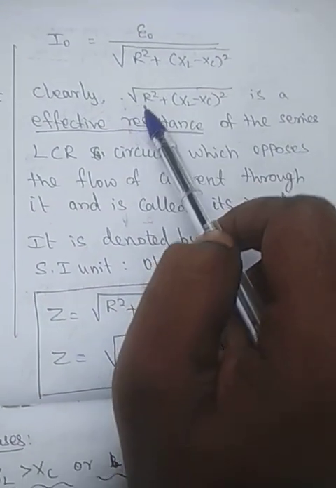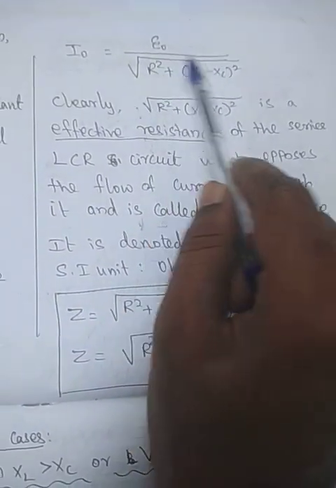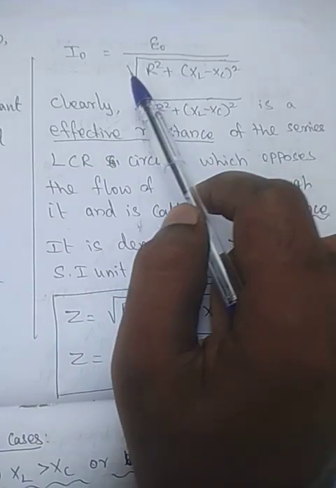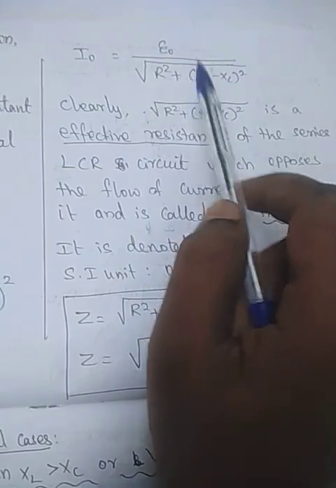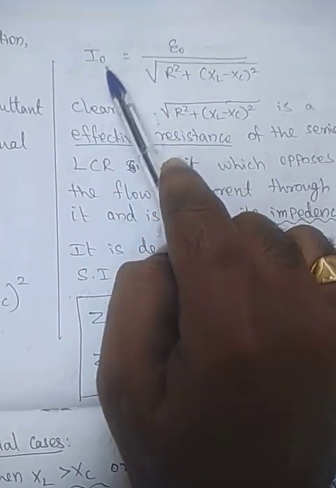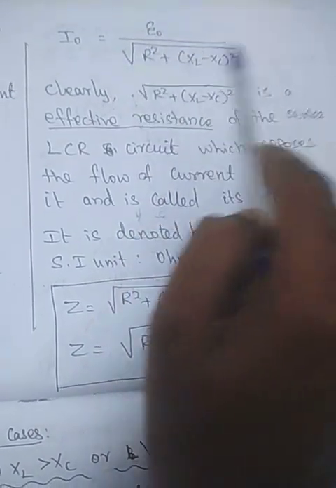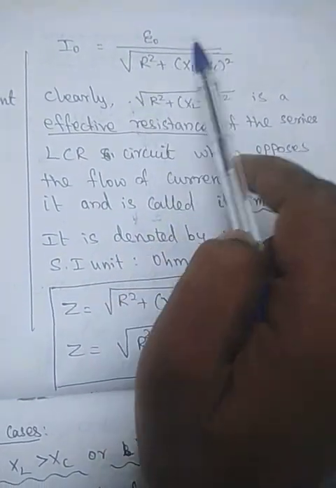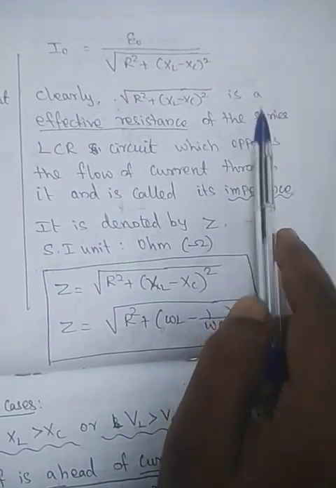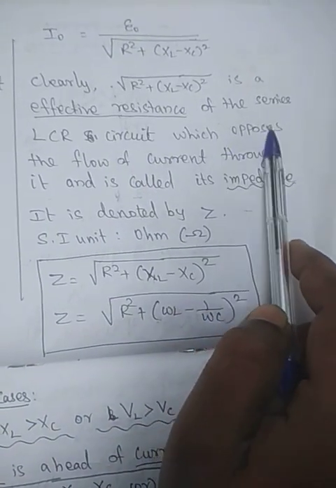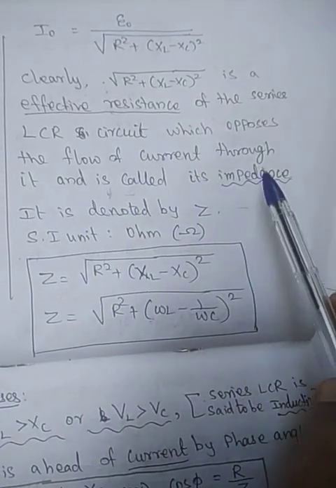So clearly this root of R squared plus XL minus XC the whole square is the resistance of the whole of L, C and R. That means inductor, capacitor and resistor connected in series: the amplitude of the total circuit current is I naught, and the amplitude of the EMF is E naught. Then this denominator represents the resistance of the circuit. That is the effective resistance of the series LCR circuit which opposes the flow of current through the circuit. So this is called the impedance.